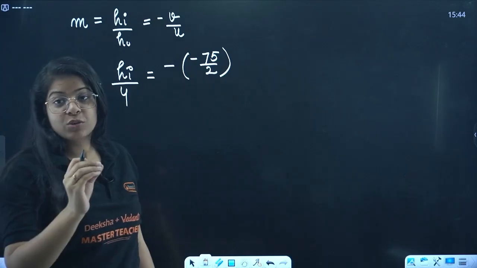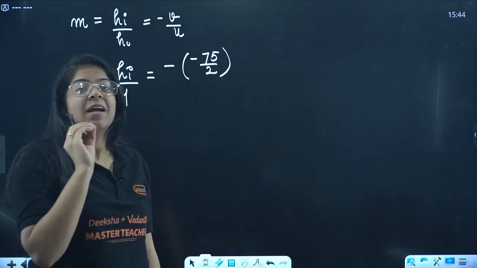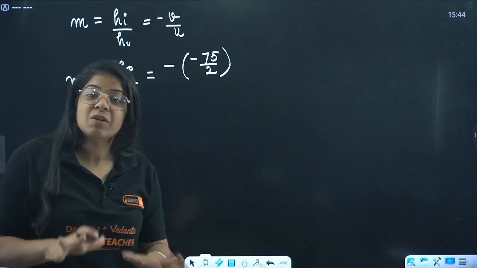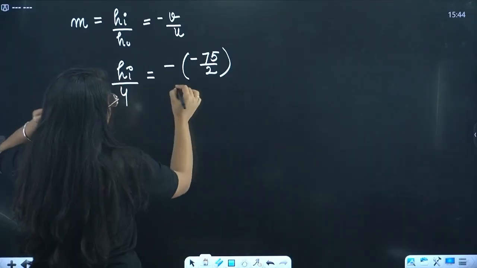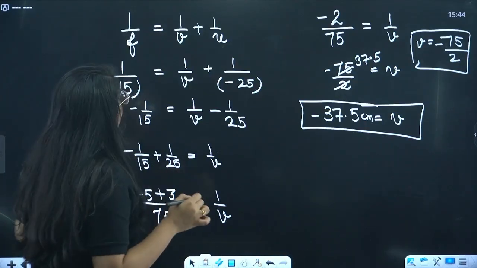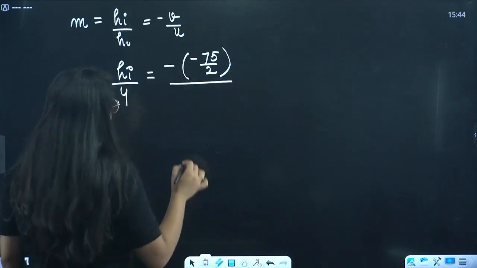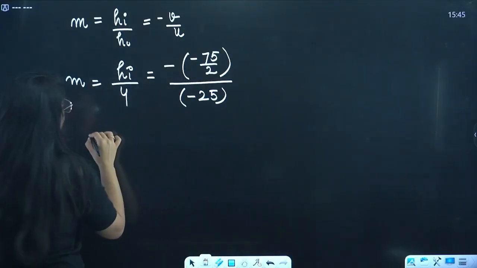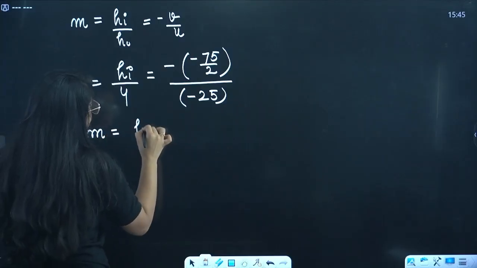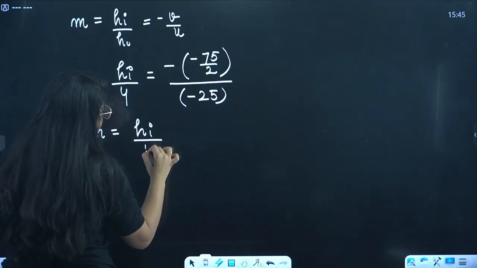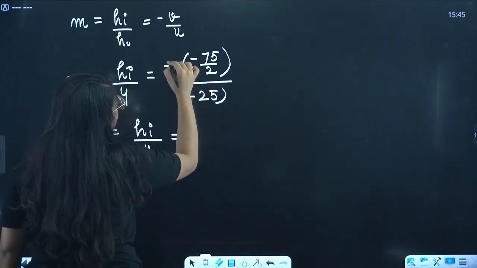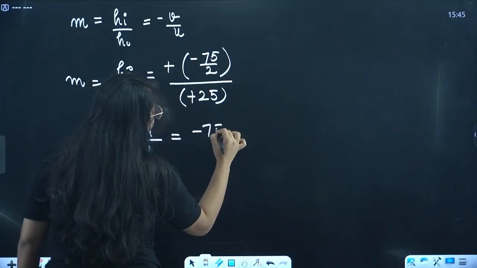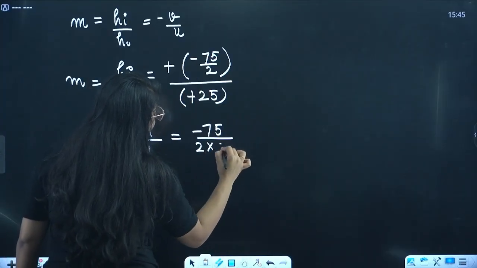Make sure you use both, because if your magnification is supposed to be negative and you miss it, the answer will be wrong. Now u was minus 25. So magnification, height of image divided by 4 equals, now see, this minus and this minus cancel out, and we have 75 divided by 2 into 25.